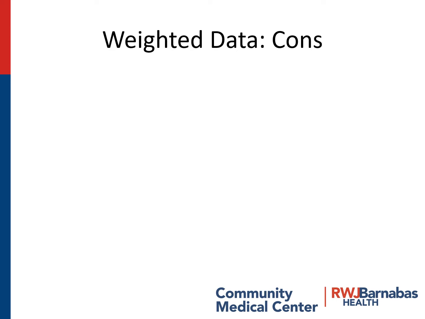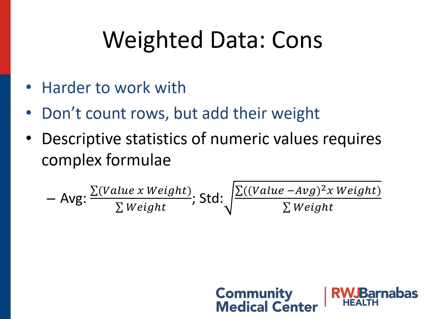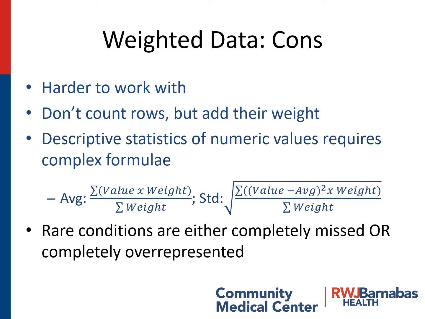But there are some problems with it, obviously. It is harder to work with. You don't count the rows, but you add their weight. And we'll get into that. If you're looking for descriptive statistics of things like heart rate, that requires complex formulas, which include the weight in there.